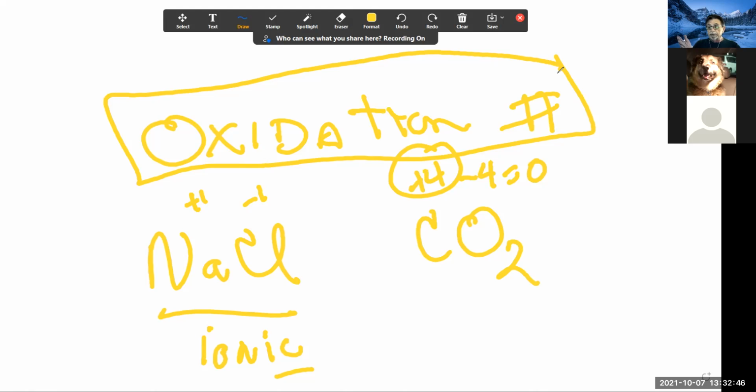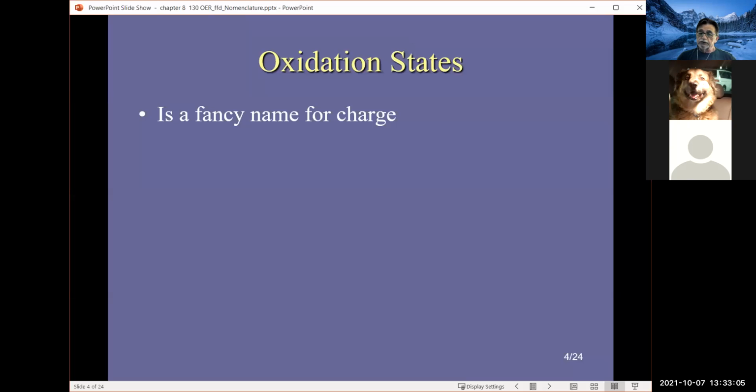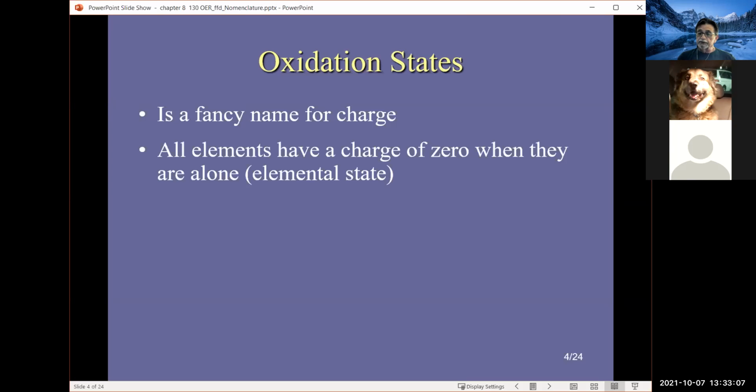Everybody in group 7, when they become an anion, have an oxidation number of a -1, okay? All right, let's go back. So those are the polyatomic ions we just talked about. Okay, oxidation number, just a fancy name for the charge, okay?